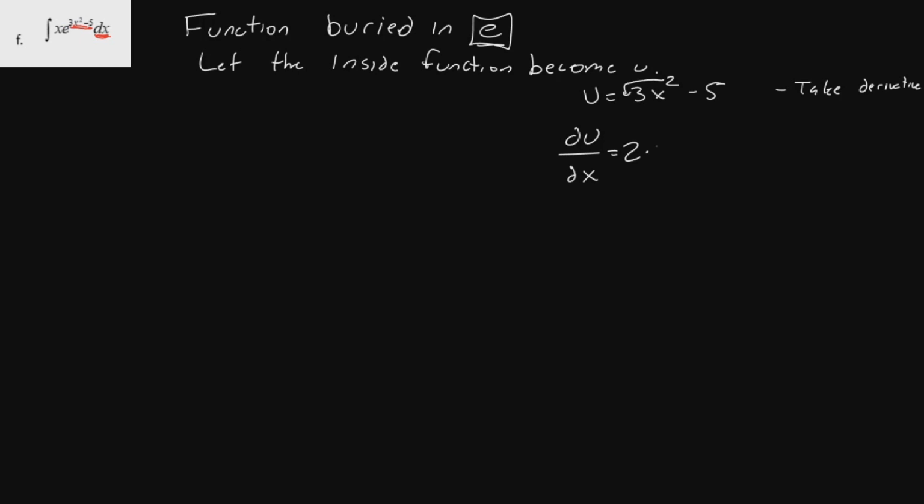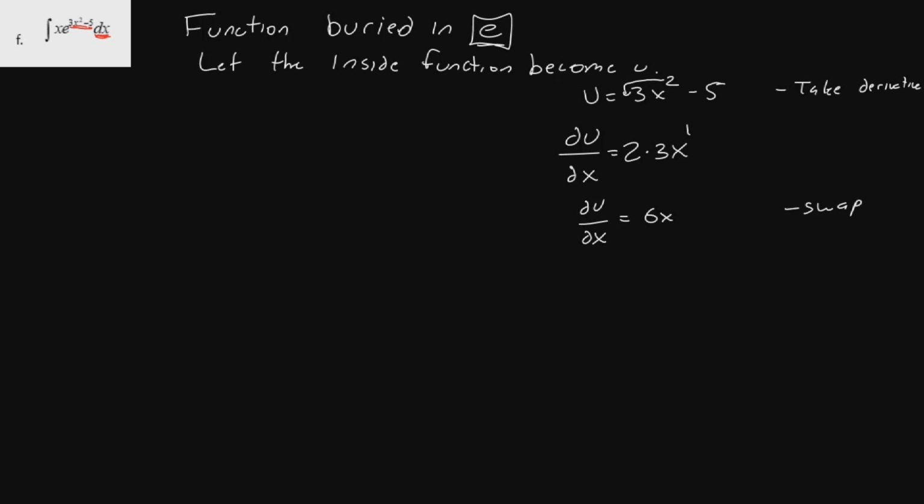So we'll have 2 times 3, x. We knock the power down by 1, and it becomes x to the first. The derivative of negative 5, since negative 5 is only a constant, it'll be 0. Now, if we just take the 2 times the 3, we can say du dx is equal to 6x.